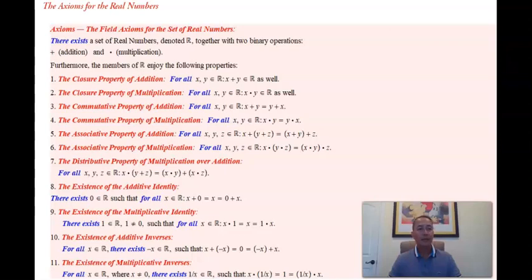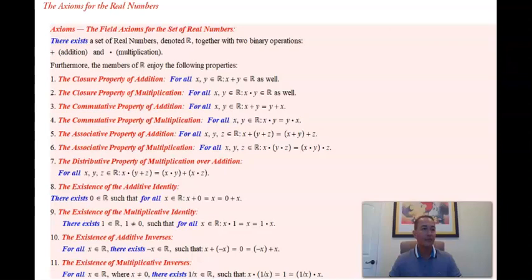Our last two axioms are about inverses. We know them as negatives and also as reciprocals. Every real number x has a negative, so that if you add x to negative x, you will just get 0. The last axiom is a little bit different because it only applies to non-zero numbers.